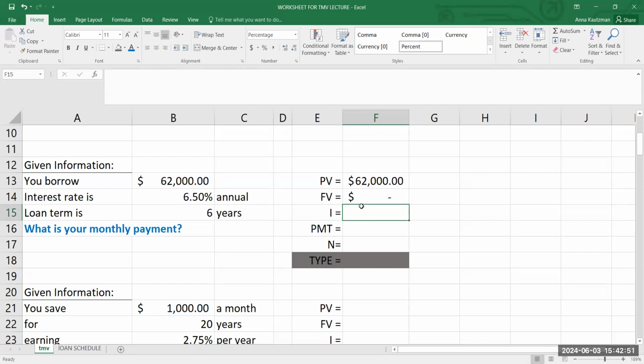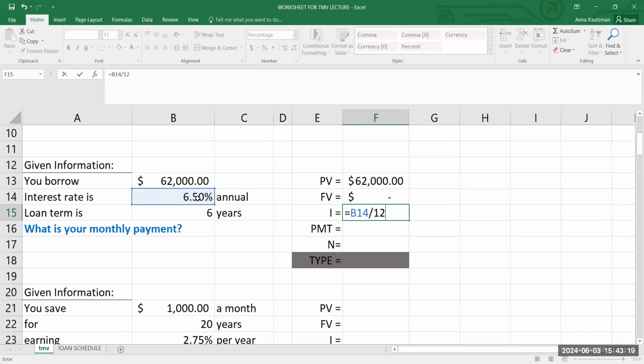You're going to pay it off and get rid of it. The loan interest rate is 6.5% per year. So I stands for interest equals 6.5%, but that's an annual rate. And the question is asking, what is our monthly payment?